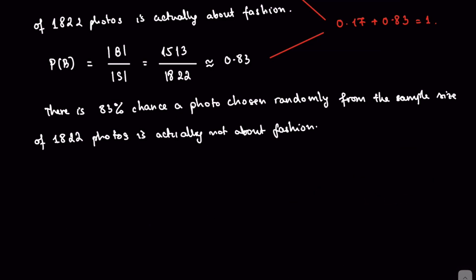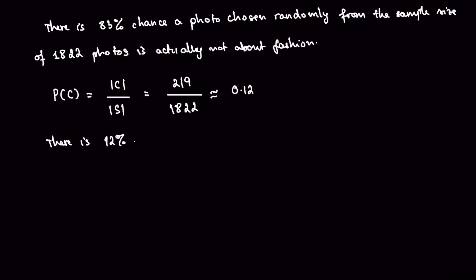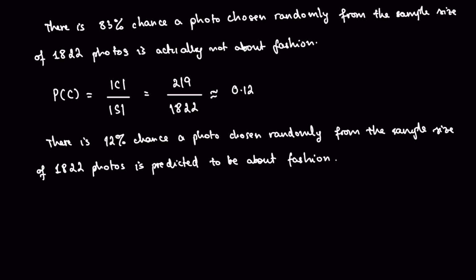So now I'm going to move on to calculating the probability of C and the probability of D. The probability of C is equal to the cardinality of C divided by the cardinality of S. You have 219 divided by 1822. This is approximately equal to 0.12, or there is a 12% chance that a photo chosen randomly from a sample size of 1,822 photos is predicted to be about fashions.